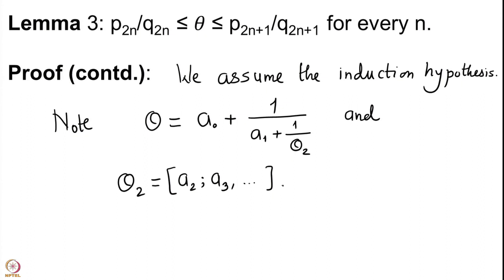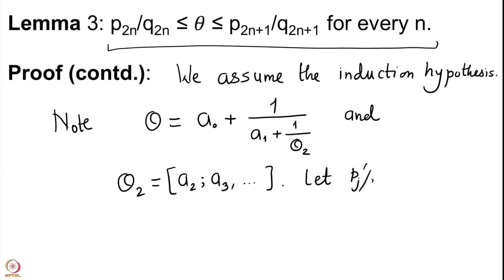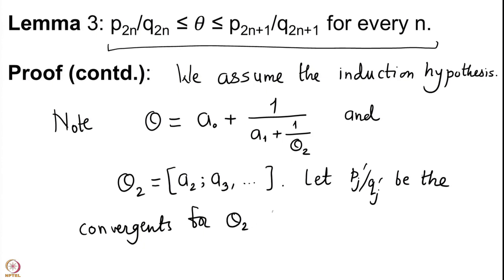So, for theta 2 we have that this result holds whenever we cut at theta 2 at any stage less than 2n. So, let pj prime upon qj prime be the convergents for theta 2, then we note the following relation.